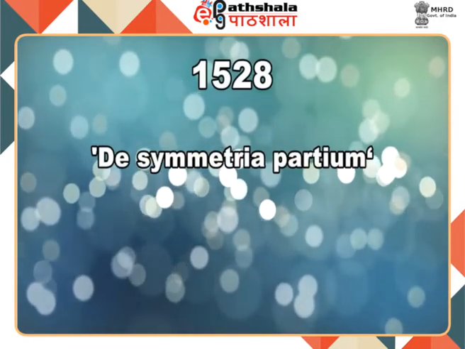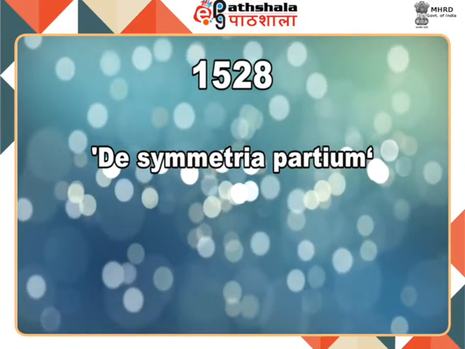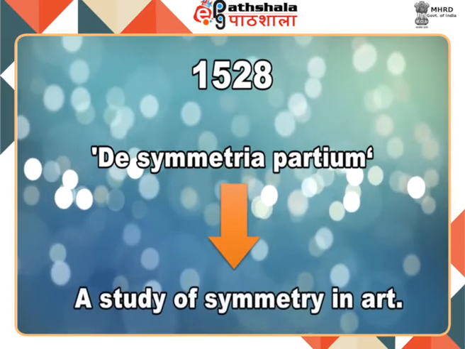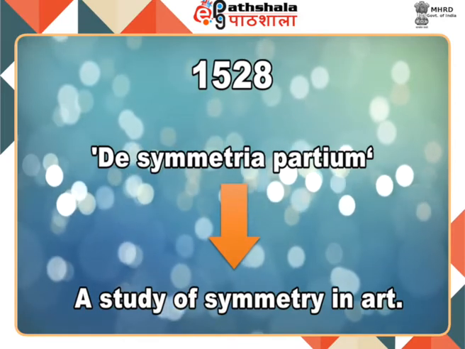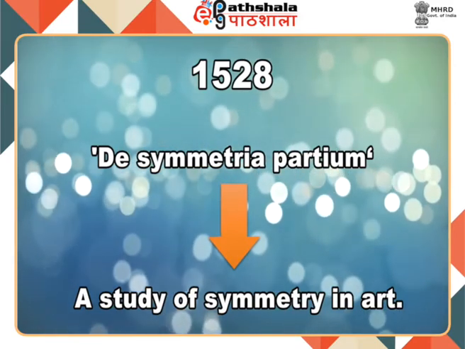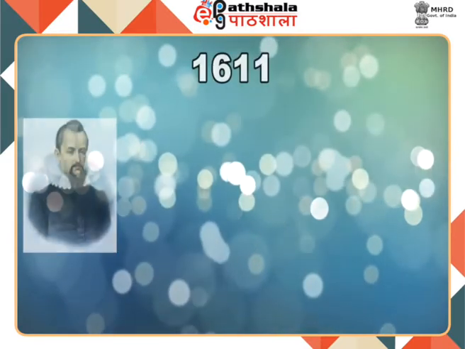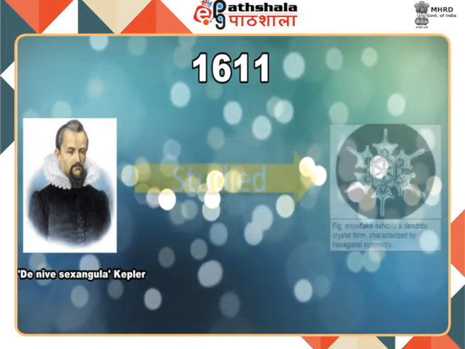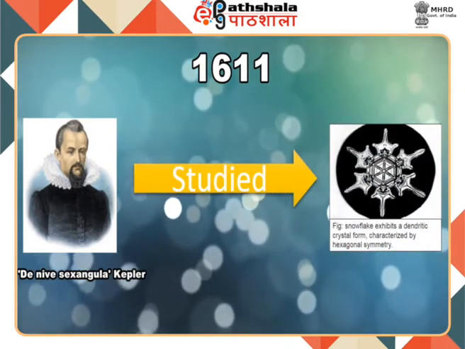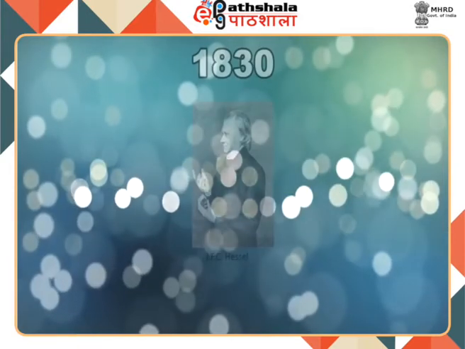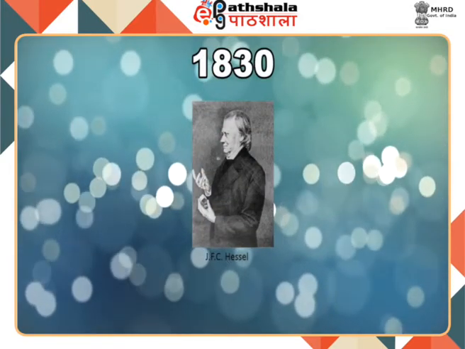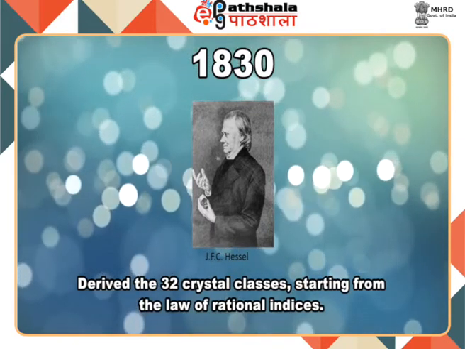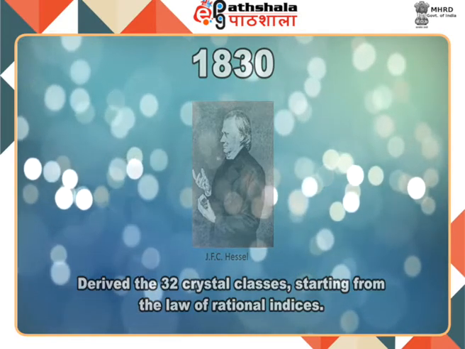Then, in around 1528, De Symmetria Partium, a study of symmetry in art, was given by Albrecht Dürer. In 1611, in De Nive Sexangula, Kepler studied the hexagonal symmetry of snow crystals. In 1830, J.F.C. Hessel derived the 32 crystal classes starting from the law of rational indices.